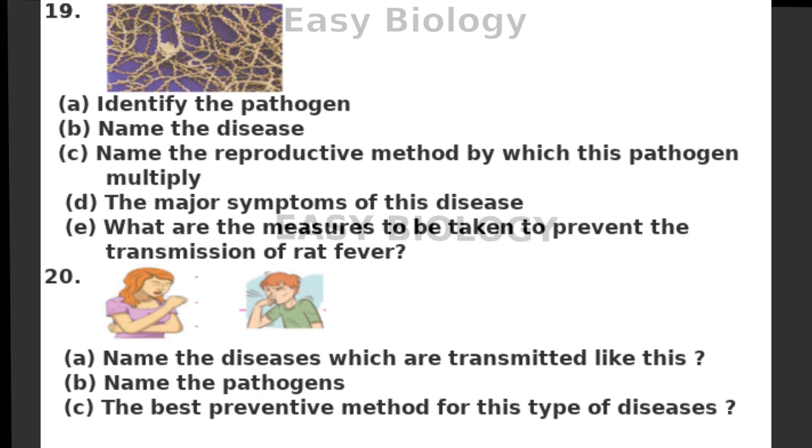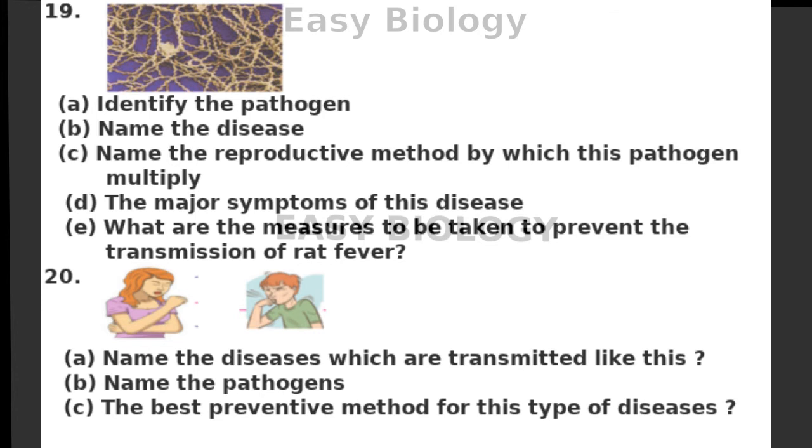Name the pathogens. Diphtheria. The pathogen is Corynebacterium diphtheriae. Tuberculosis. The pathogen is Mycobacterium tuberculosis. In both, the pathogen is bacteria.